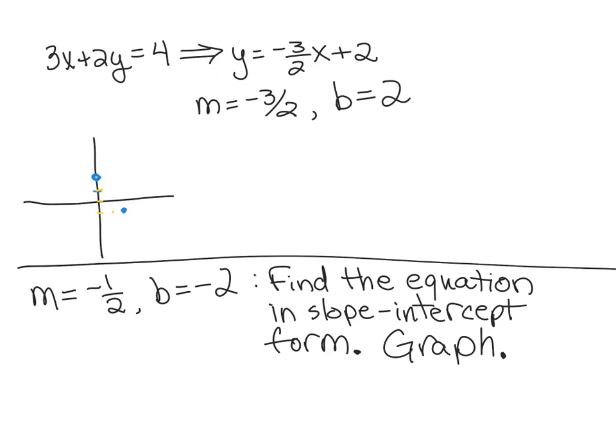I went down and over to the right, but my m also equals positive 3 over negative 2. Remember, 2 points make a line, but 3 points make you sure. So from the point that I started with, the point I know is on my graph, I can also go up 2, 3, and backwards 2. Okay?